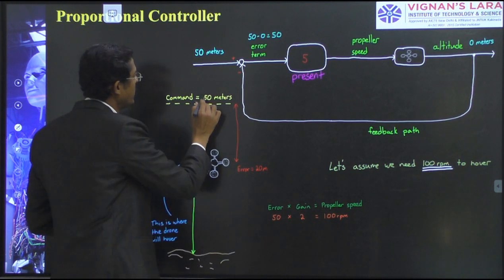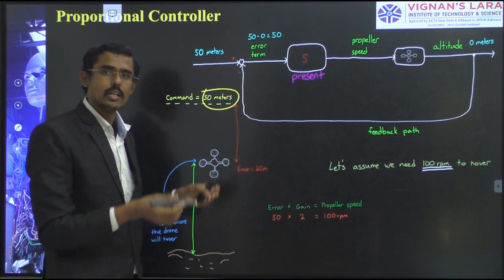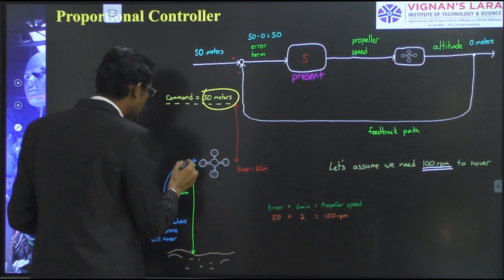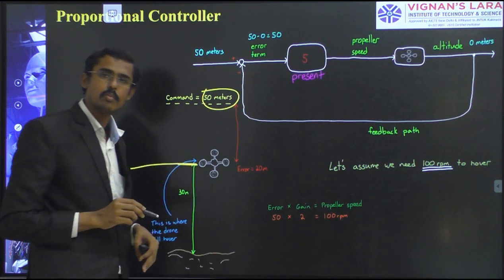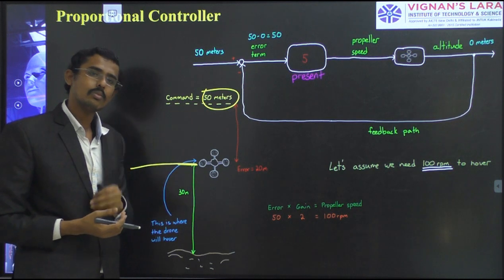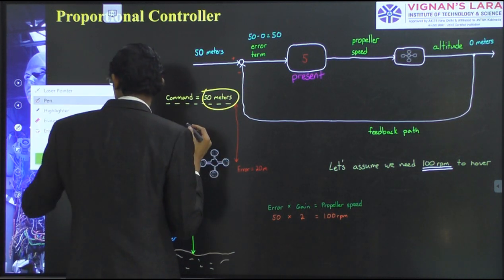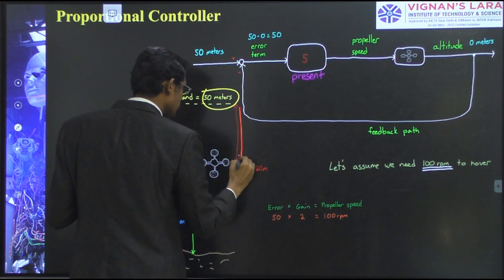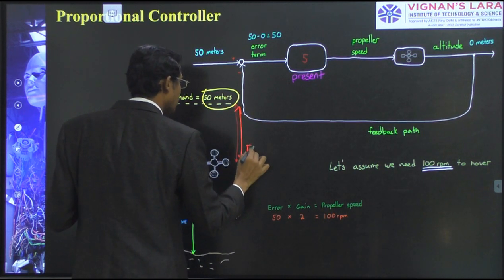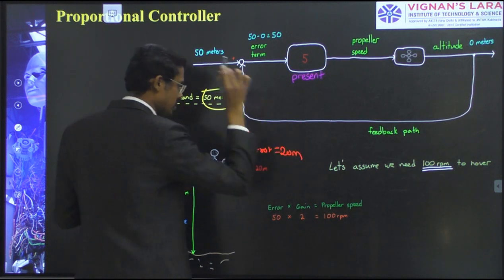Now I give an input and it has crossed about 30 meters. What is the error now? The remaining 20 meters to be reached. This 20 meters is the error.